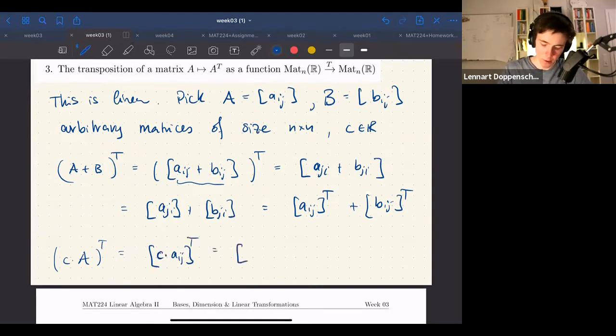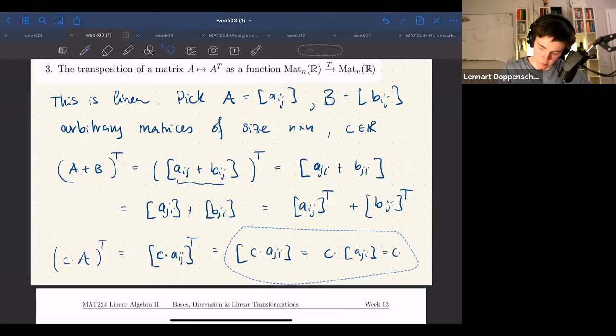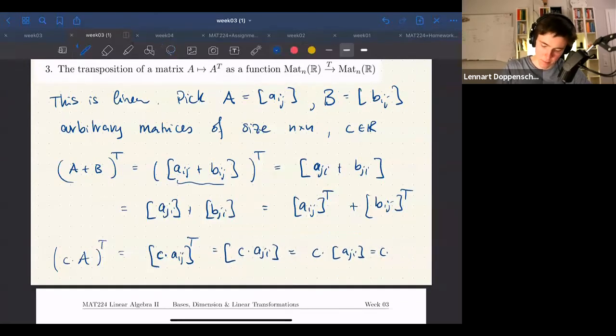So when we transpose this, this will just be c times a_ji. But every entry still has the same c. So this is c times a_ij transposed. So we've been able to get the c out of the argument of the function.